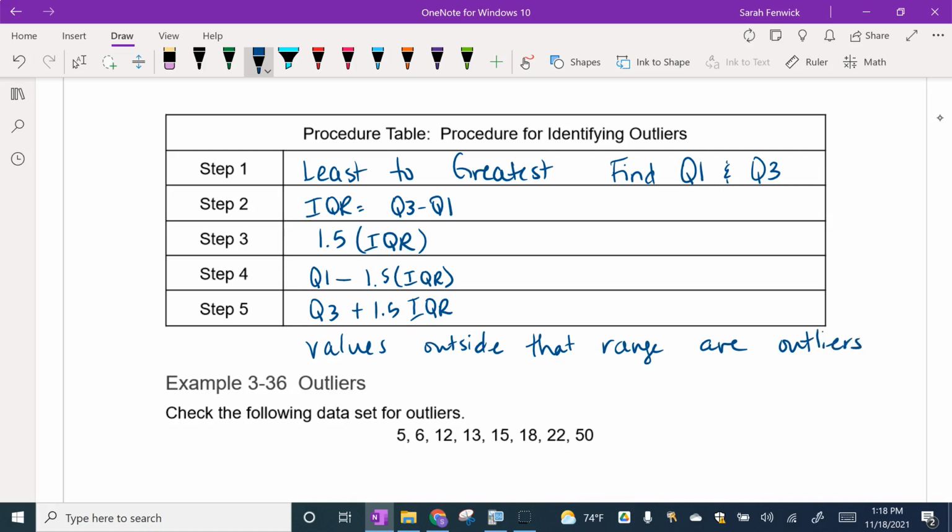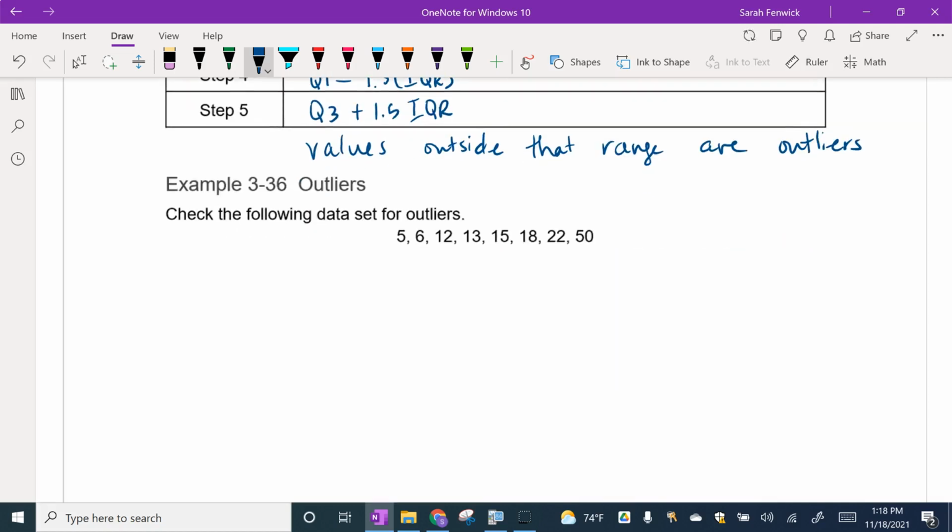Okay, so let's look at example 3-36 for this. If I want to find Q1 and Q3, these are already in order, by the way. First thing we'll do is say I have 1, 2, 3, 4, 5, 6, 7, 8 values. So right here would be the median, right? Which would be 14.